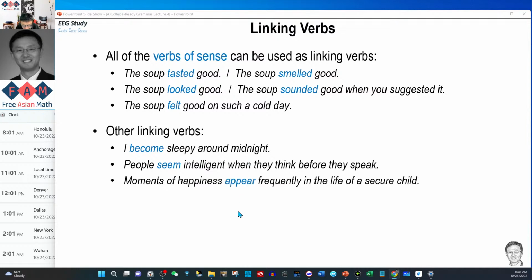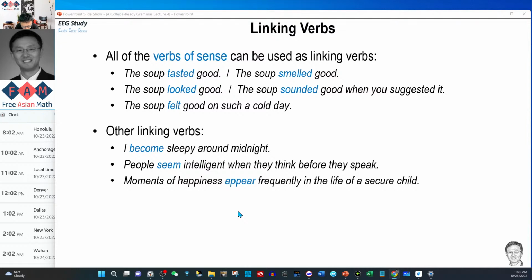Moments of happiness appear frequently in the life of a secure child. Okay. Appear in the life of a secure child.